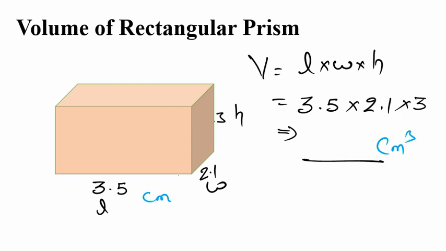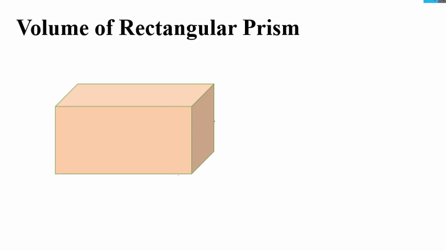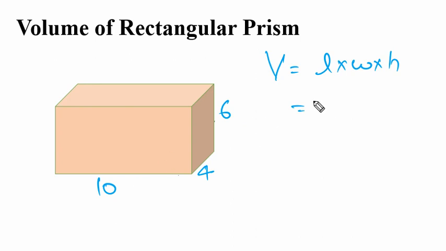Okay, so one more type of question. If it is, let's say, 10, this is 4 and this is 6. Volume is equal to length multiply width multiply height, and this is 10 multiply 4 multiply 6.